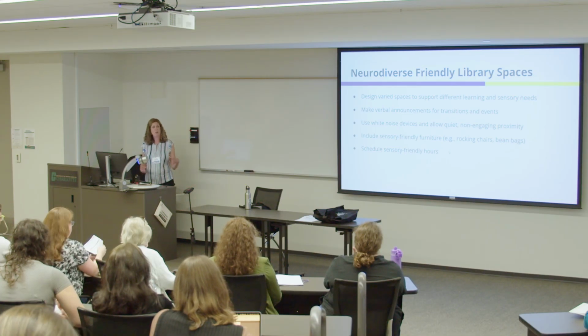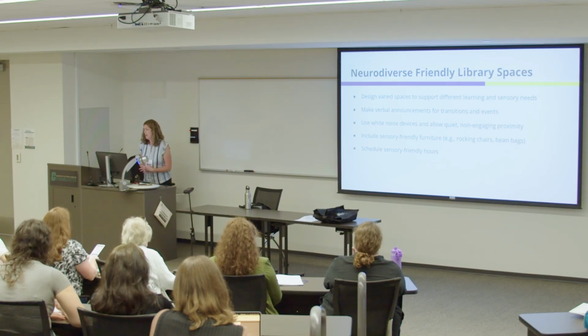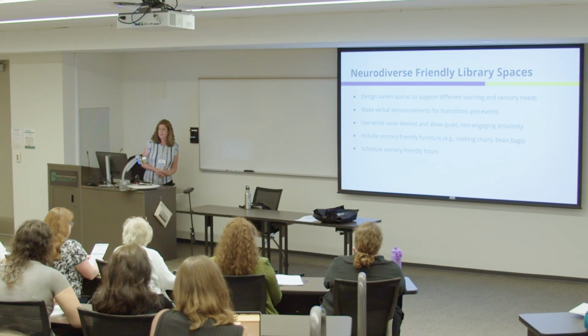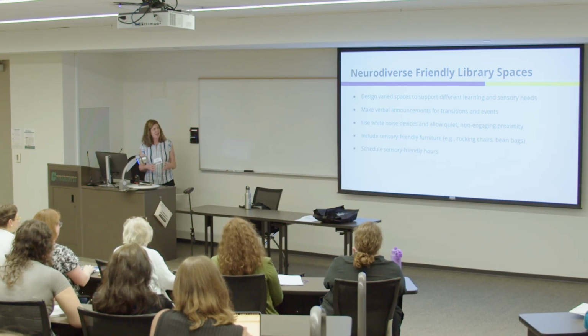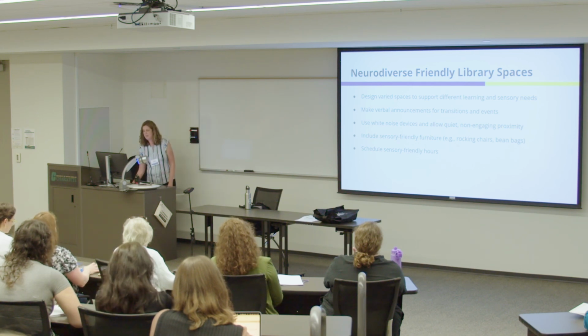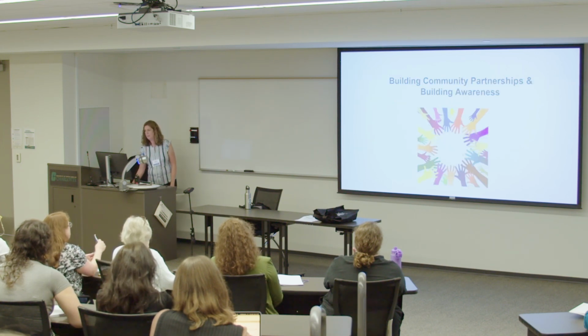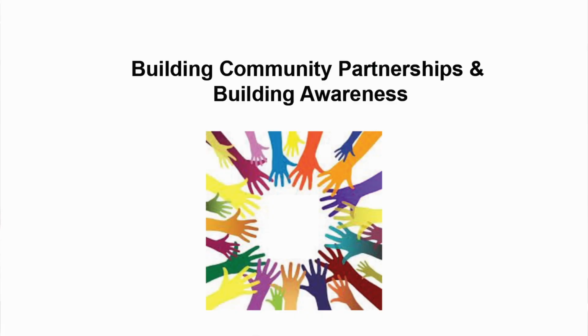So maybe people who find the library to be overwhelming with the noise, the lights, what have you, having hours where those things are muted and there aren't as many people there can be really helpful to your community. So the last part is how do you build community partnerships and build awareness? We understand about neurodiversity.